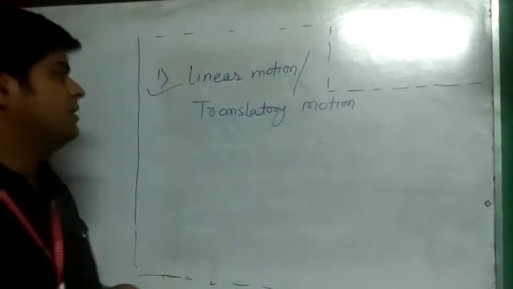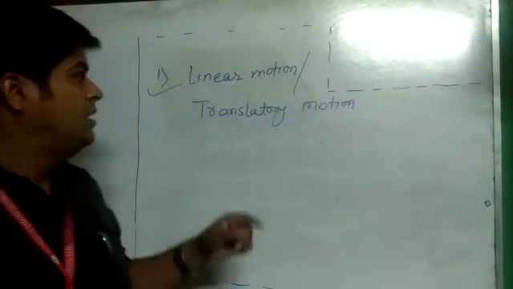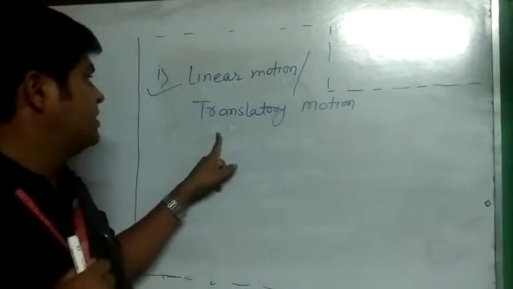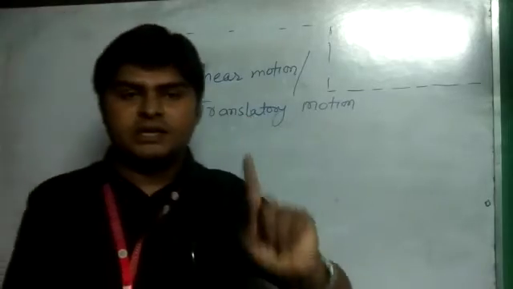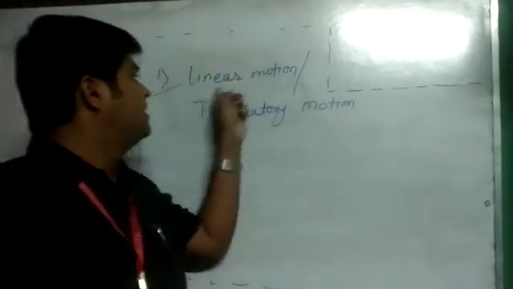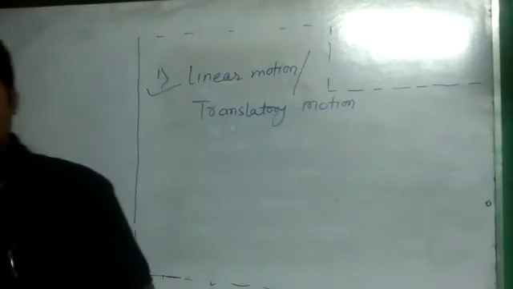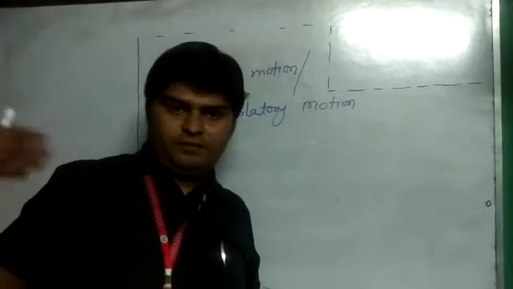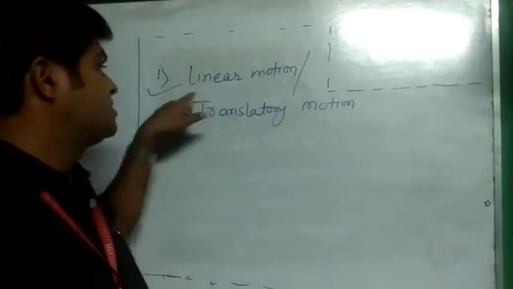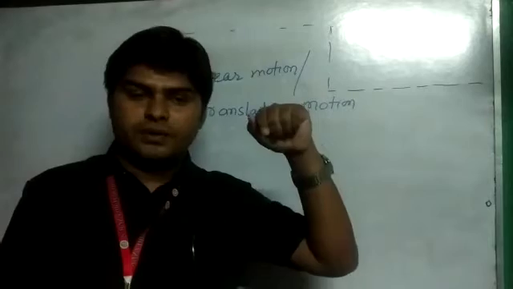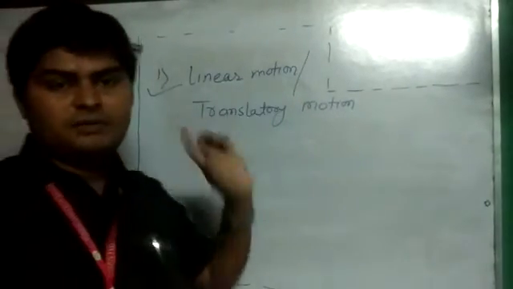As for example, when a car travels on a straight road, we can say that the motion of the car is a type of linear motion. Another example: when you throw a stone from your roof, the motion of the stone in the downward direction is an example of linear motion.